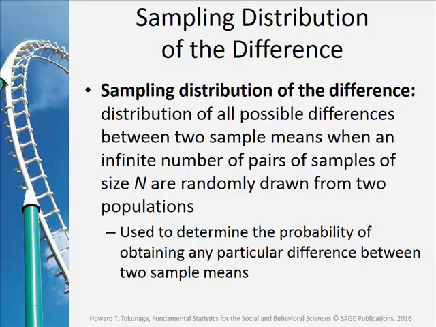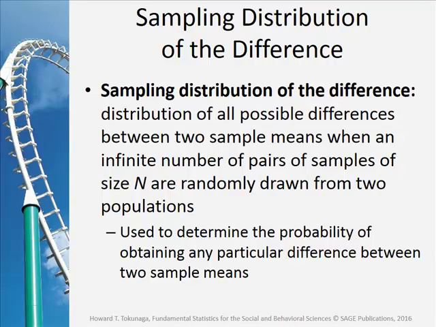So we're going to see if what we've observed, which is a difference of 9 seconds, how likely is that if there should be no difference? So that's what we're going to do.